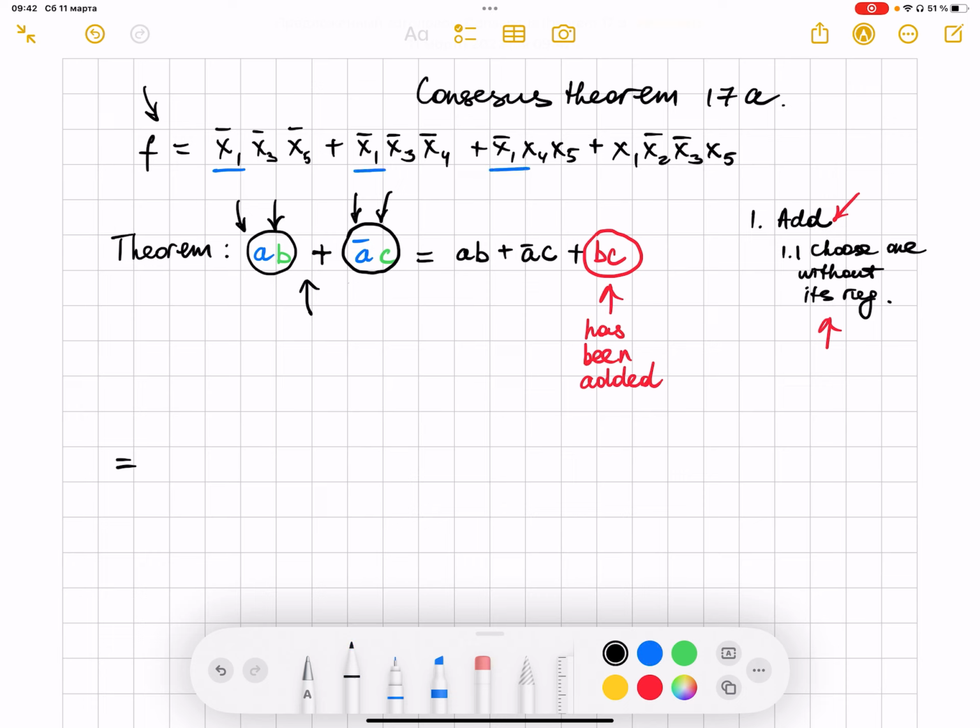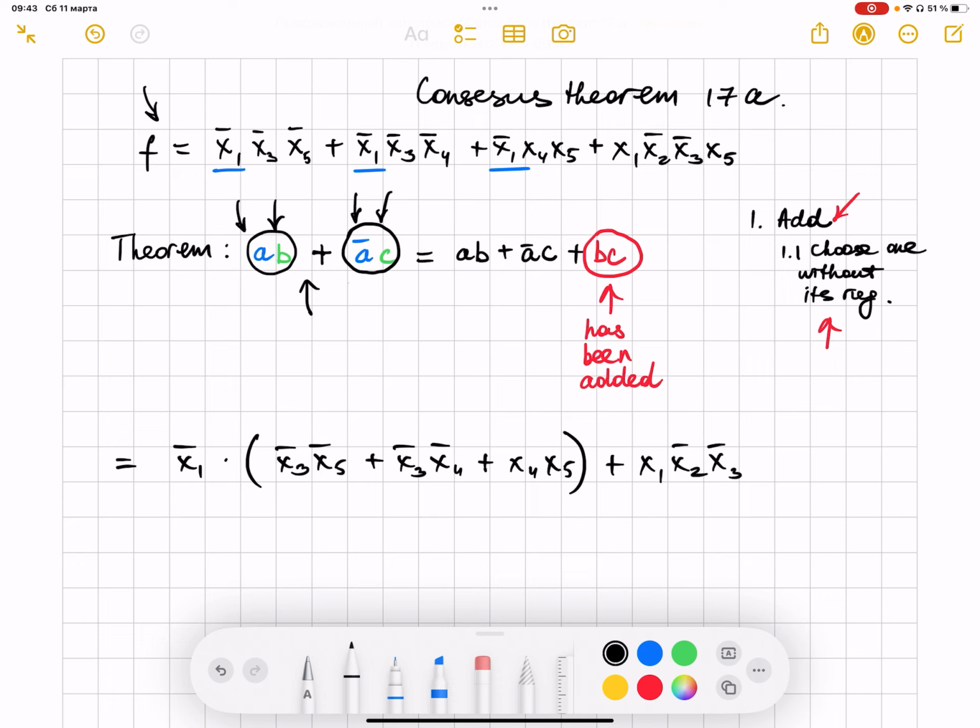So what do we have now? x1 bar. We are left with x3 bar, x5 bar, x3 bar, x4 bar plus x4, x5. And plus here what we have left with this one.